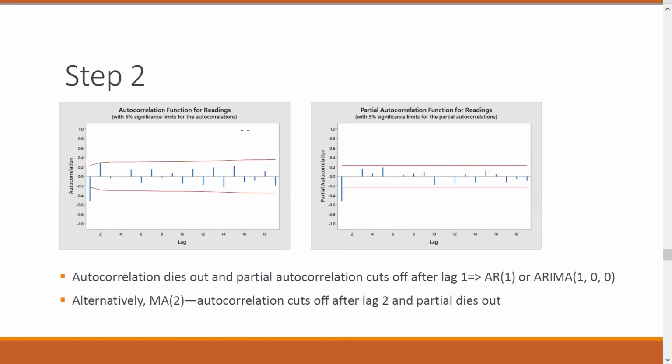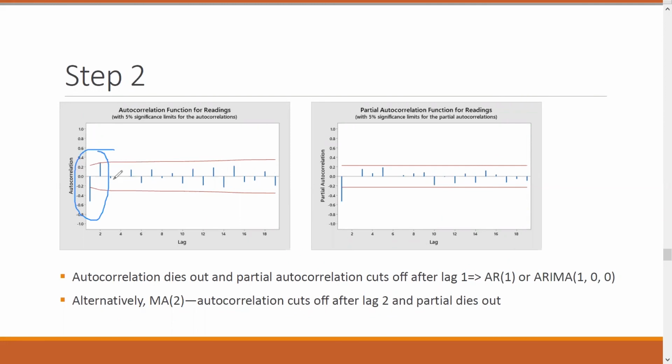The other option is to say that the autocorrelation function is cutting off and the partial autocorrelation function is dying out. And now let's look at the autocorrelation function and decide what the parameter is. What we can see is that the first 2 lags are relatively higher than the rest.